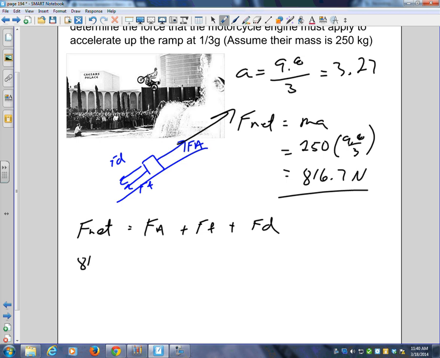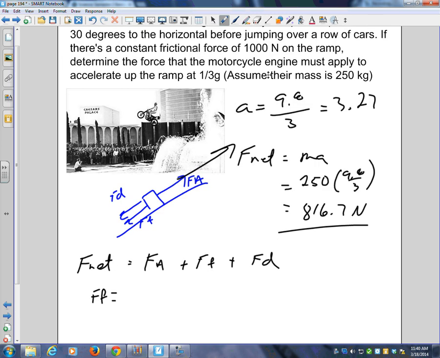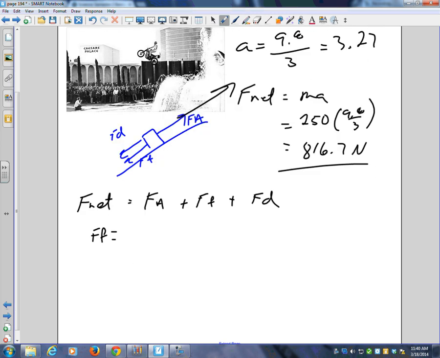So, let's do it this way. FF is given to be what? 1,000, so we'll say minus 1,000. And my FD is going to be mg sine theta.